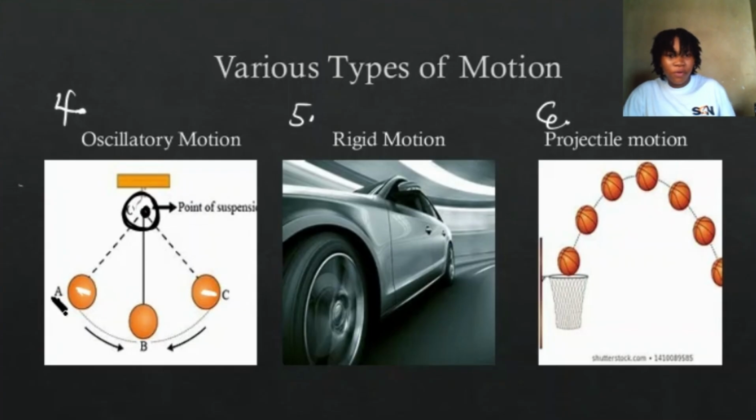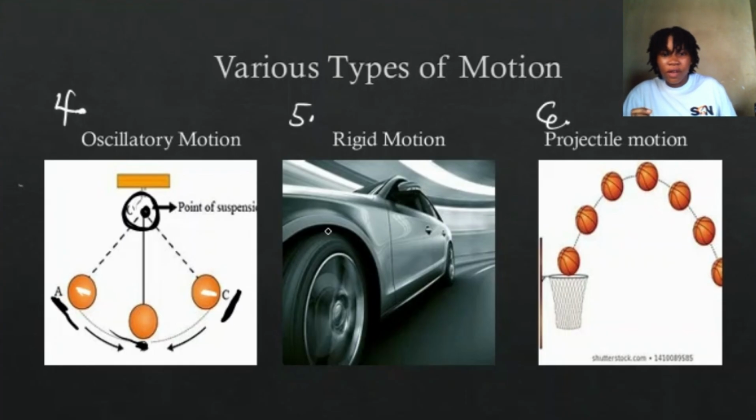The body is moving from point A to point C. So it's changing its position, going forward, backwards, forward, backwards. This is the initial position of the body. Now it goes forward, comes backwards, goes forward, comes backwards. This type of motion is known as the oscillatory motion.